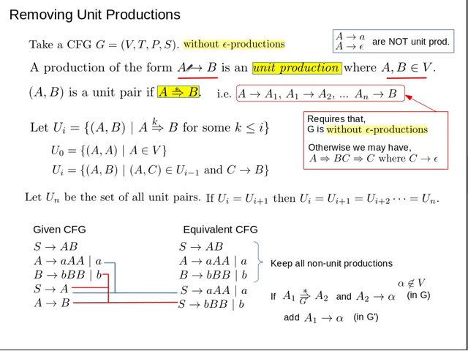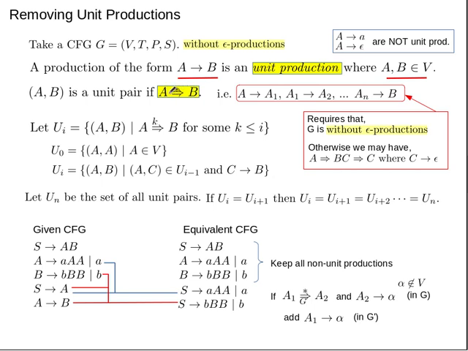A goes to B, B goes to C, this sort of thing can happen, and that is just some extra thing which is not really useful. So if we have a chain of unit productions, say A goes to A1, A1 goes to A2, finally An goes to B, then we can have A going to B, just the single variable. All we have accomplished is changing the name of the variable from here to here.